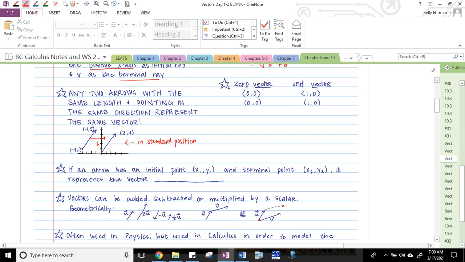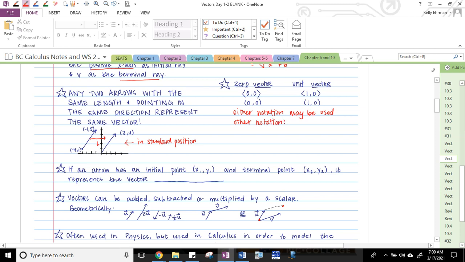You'll see the two different notations there. Even though we have this new notation for vectors, we could still use ordered pair notation. So either notation may be used. And you might also see some other notation.